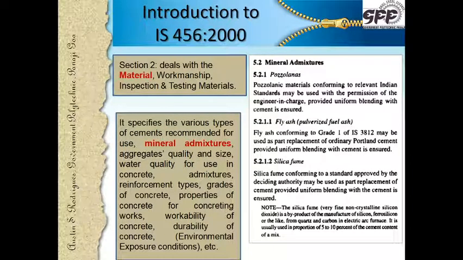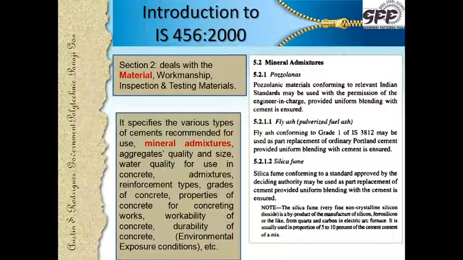Coming to the mineral admixtures, the mineral admixtures are covered in the clause 5.2. In 5.2.1, it talks of pozzolanas. We have already discussed about what is pozzolana in the previous chapter. So which are the pozzolanic materials which can be allowed, which are permitted in the making of our concrete.